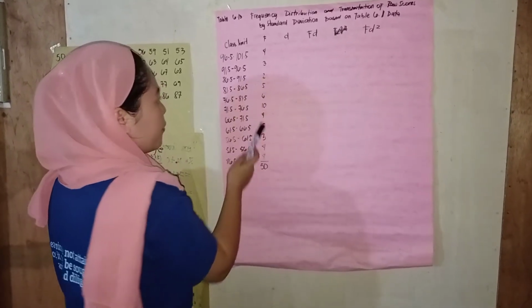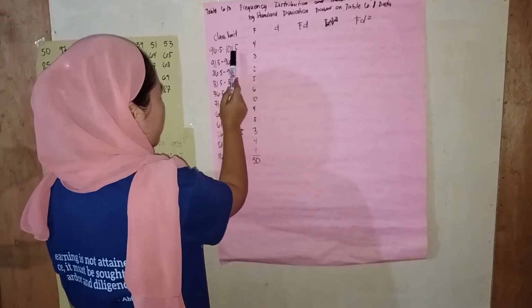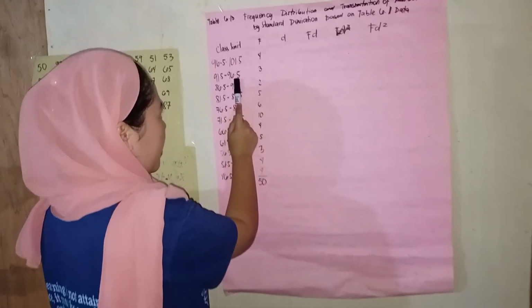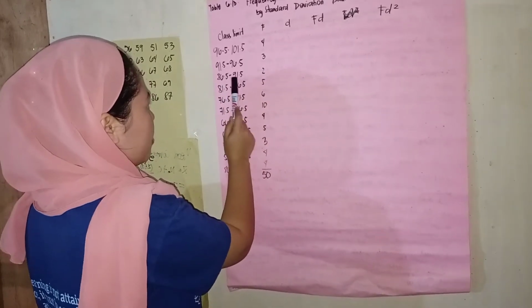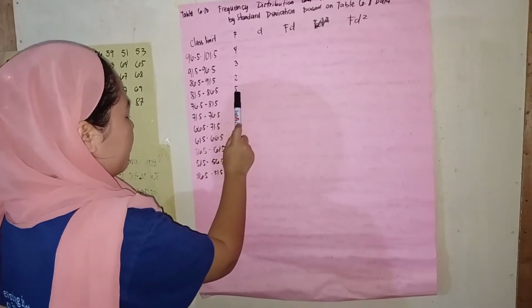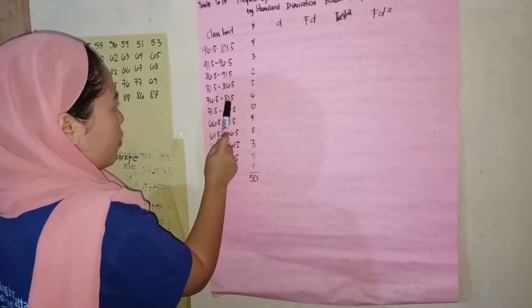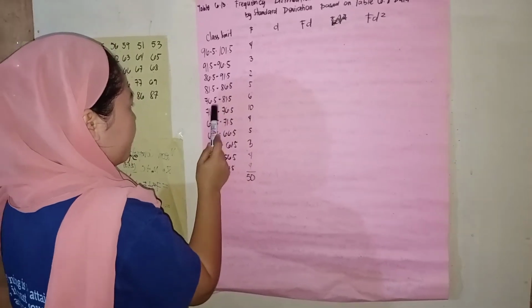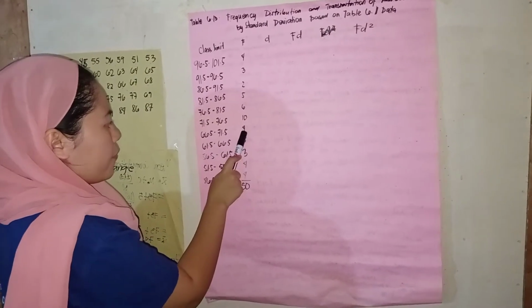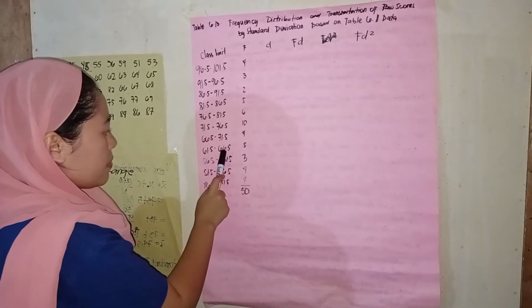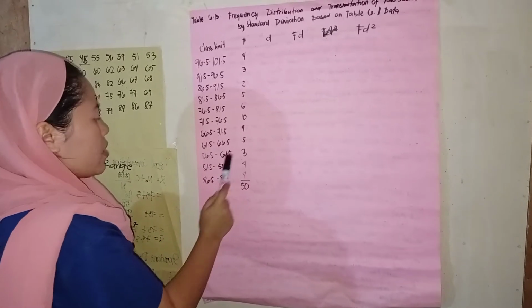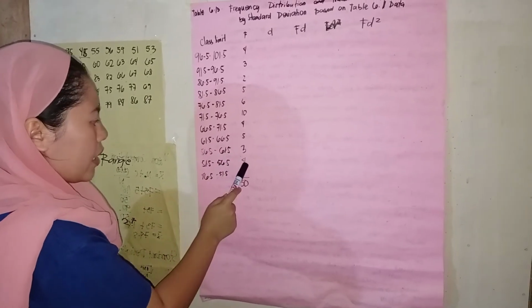So, next is our frequency. 96.5 to 101.5, we got 4 scores. 91.5 to 96.5, 3 scores. 86.5 to 91.5, 2 scores. 81.5 to 86.5, 5 scores. 76.5 to 81.5, 6 scores. 71.5 to 76.5, 10 scores. 66.5 to 71.5, 4 scores. 61.5 to 66.5, 5 scores. 56.5 to 61.5, 3 scores. 51.5 to 56.5, 4 scores.